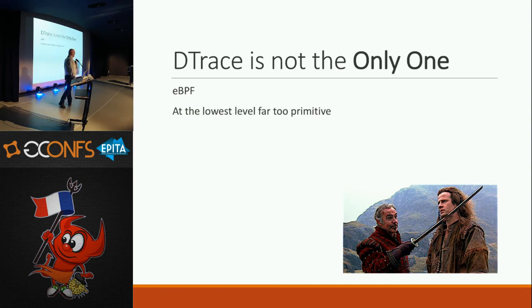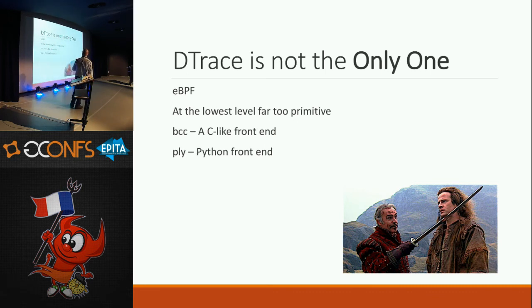Using eBPF at the lowest level is like programming in assembly language, which for this crowd is like, yeah, that's fine. But for everybody else is like, why would I do that? But things improve over time. eBPF now has BCC, a C-like front end. And more interesting to me, actually, is the PLY work, the Python front-end.